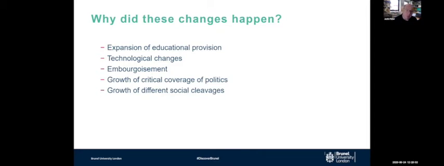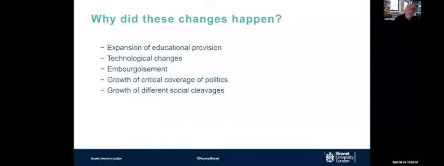And what this meant was that people's values started to change. As they started to enjoy these sorts of benefits from rising living standards, they wanted more of them. And this arguably led to a decline in things like class loyalty and loyalty to particular political parties.